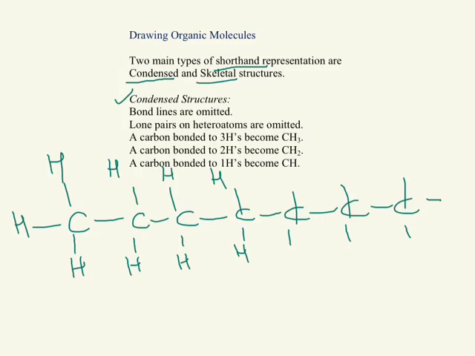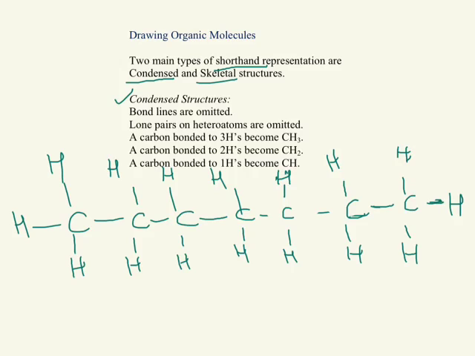This is also known as the structural formula, and we're going to learn how to write this in the condensed form. Let me correct this, because it's a bond between carbon and hydrogen, just to clarify here.